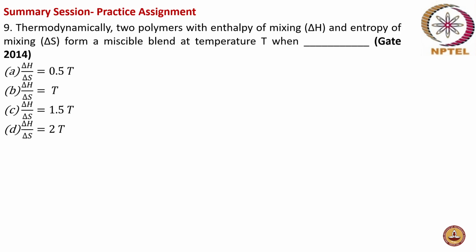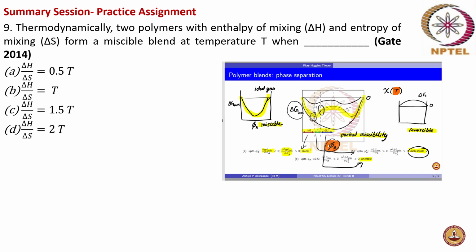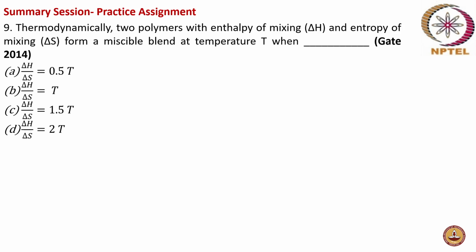I just learned it in my UG, ma'am. Then obviously you must have an idea that your Gibbs free energy change is related to your enthalpy and entropy. So which one? B, you're saying. So your delta H by delta S should be equal to T, you're saying. How did you arrive at this?